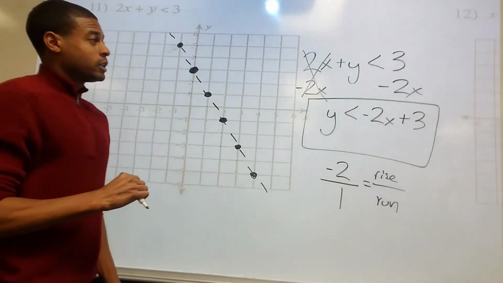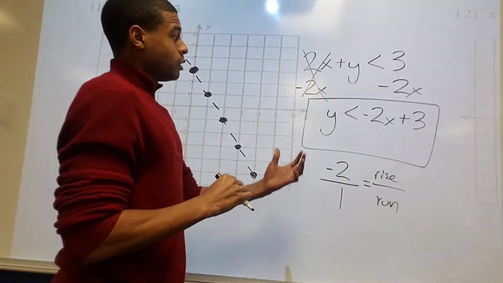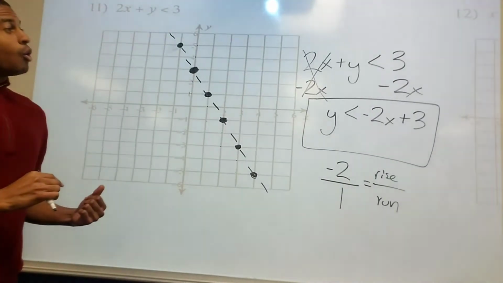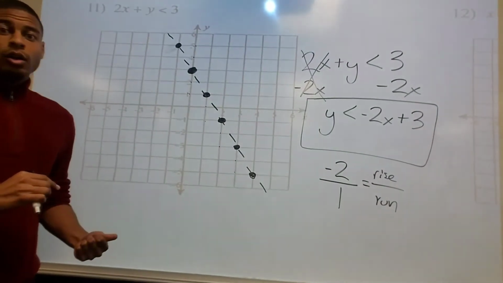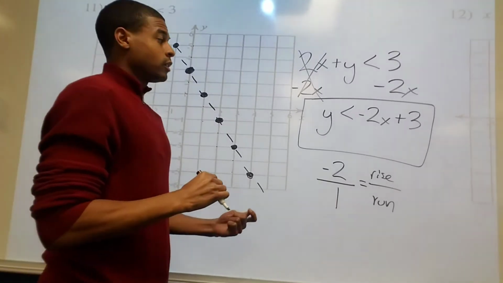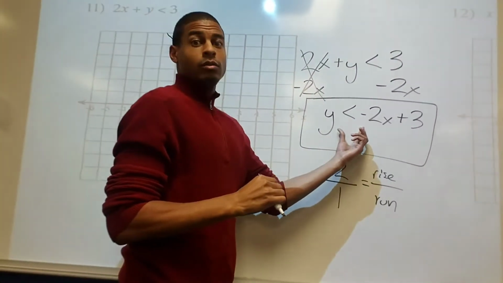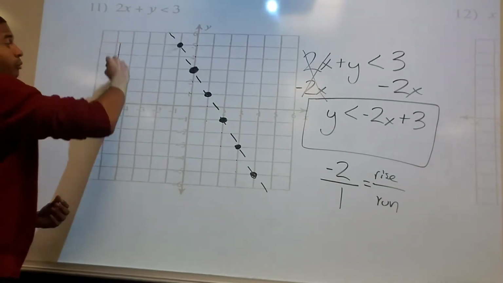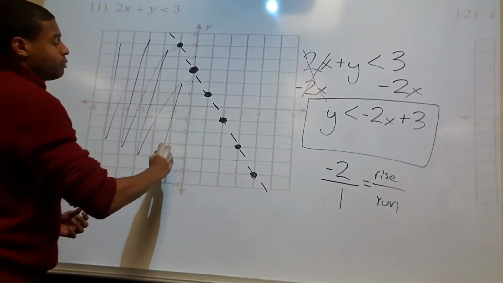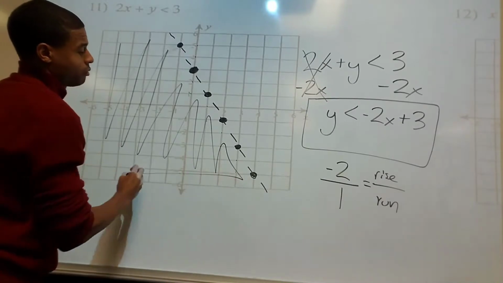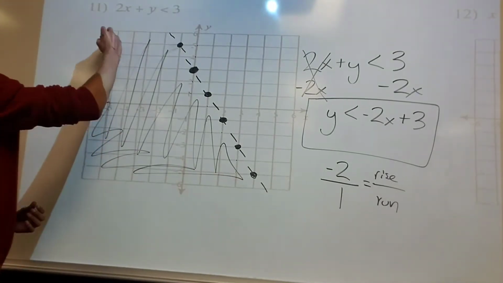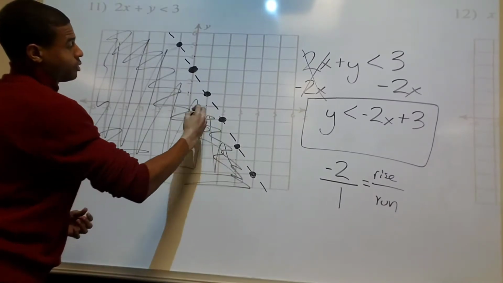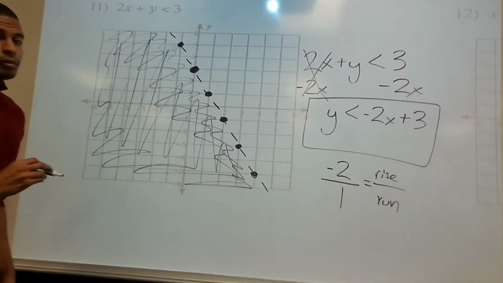Now, I'm going to ask myself, am I going to shade above or below? All right? And since this is less than, we are actually going to shade below. Okay?